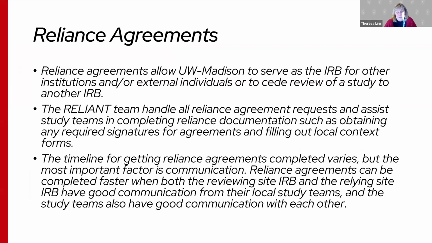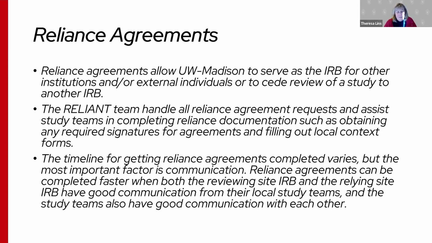The Reliant team handles all agreements, requests, and assists the study team in completing Reliance documentation, such as by obtaining any required signatures for agreements and filling out local context forms. The timeline for getting Reliance agreements completed varies, but the most important factor is communication.